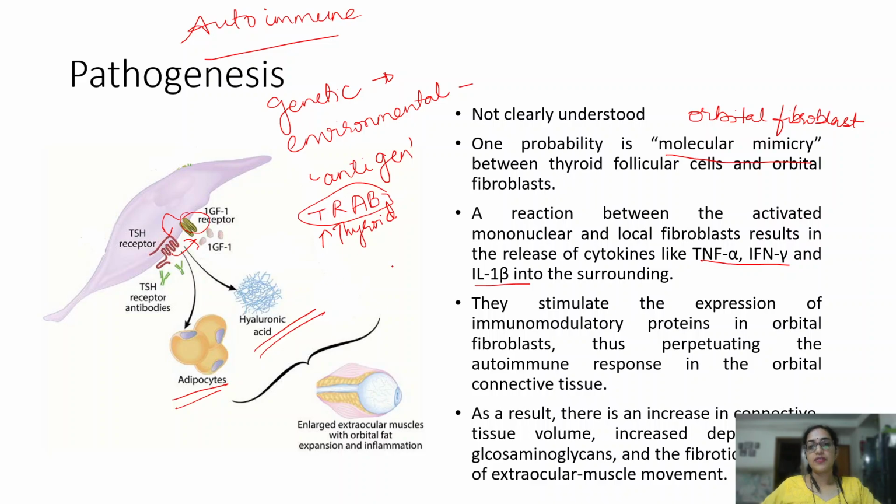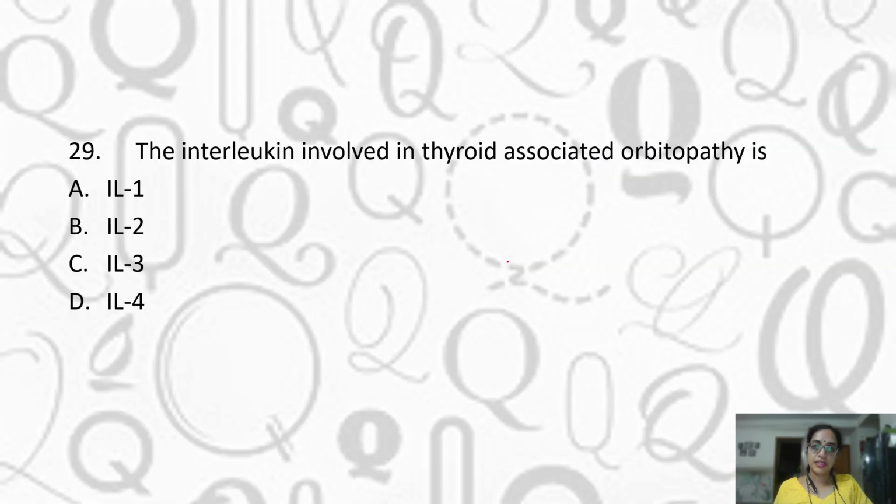Okay, and finally, in presence of these cytokines, there is an immune reaction forming within the orbital connective tissue. So immunomodulatory proteins are released. There is increased connective tissue volume, increased deposition of glycosaminoglycans, and a fibrotic component. All these lead to the formation of thyroid orbitopathy.